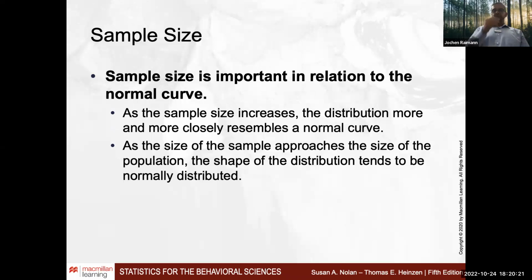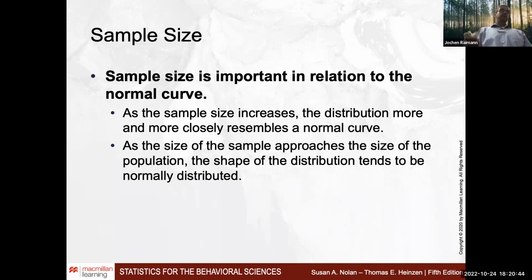So basically, it's important to keep in mind that the sample size is important not only for the estimation of a true population mean or population proportion, it's also important in relationship to the shape of this distribution curve. So the larger the sample size, the more likely this sample will resemble a normal distribution curve.